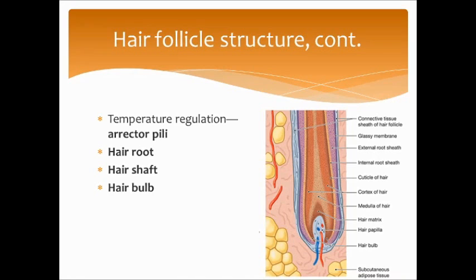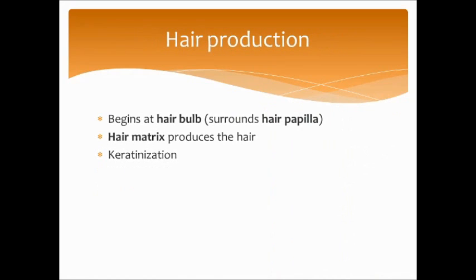The hair root anchors the hair into the skin. The hair bulb is the beginning of the root. And the hair shaft extends about half of the follicle all the way to the exposed hair. Hair production will begin at the hair bulb, which surrounds the hair papilla.